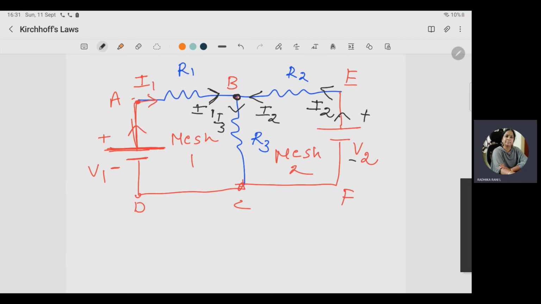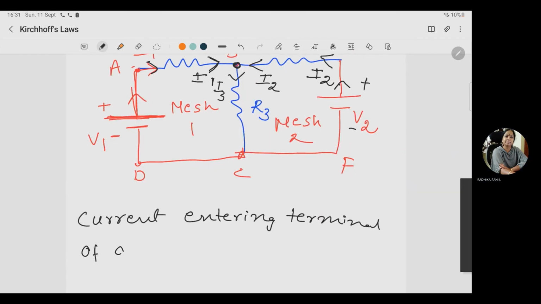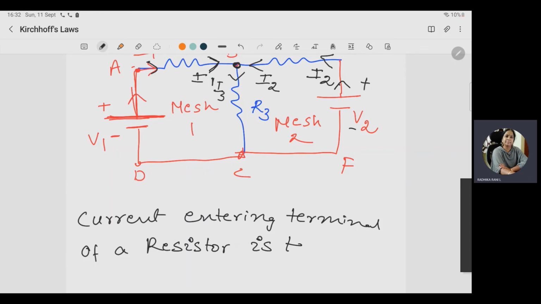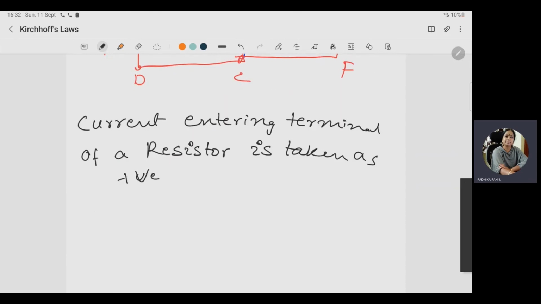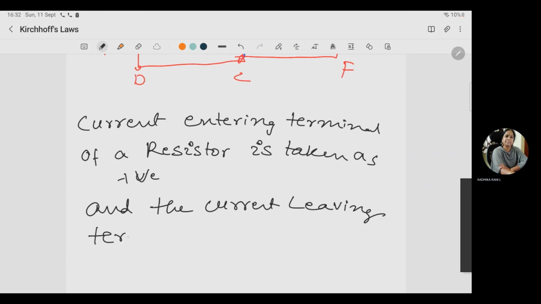Okay, so current entering terminal of a resistor is taken as positive, and the current leaving terminal is taken as negative.